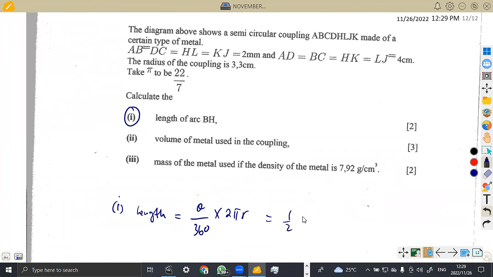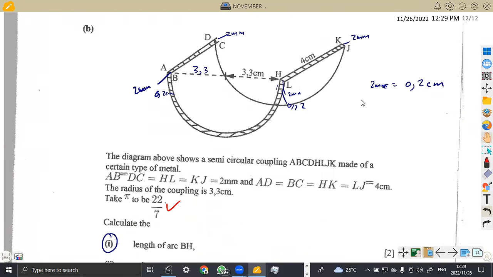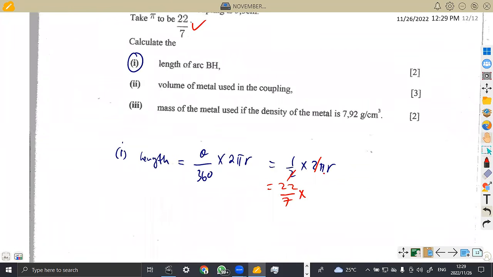So it's going to be half times 2 pi r, of which we can cancel the 2 and the 2, remain with pi. When you are given that pi is 22/7, so it was going to be 22/7 times the radius, and we saw that the radius here is 3.3. So we are going to multiply by 3.3, whatever that we get here, that will be the length of the arc.